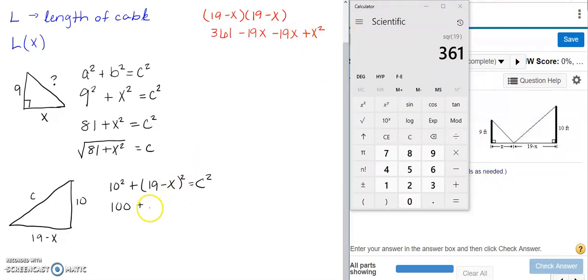So if I write that in the right order, just because I like to, combining like terms, okay, so we have that for the FOILing of 19 minus x. Then again, I'm going to combine the 100 with the 361.